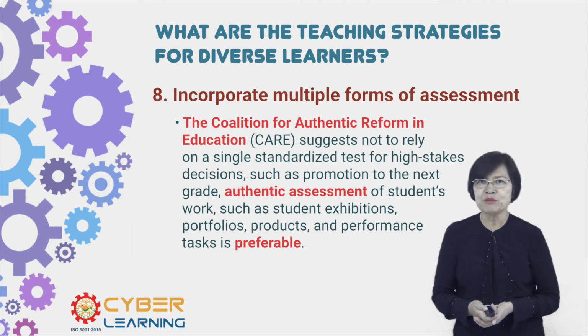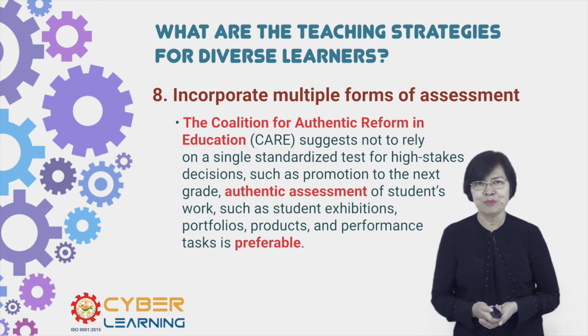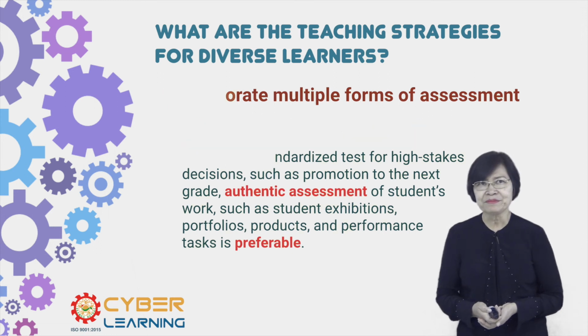Authentic assessment of students' work, such as student exhibitions, portfolios, products, and performance tasks, is preferable. Multiple forms of assessment of academic performance and progress on schoolwork throughout the year should be a part of teaching strategies.